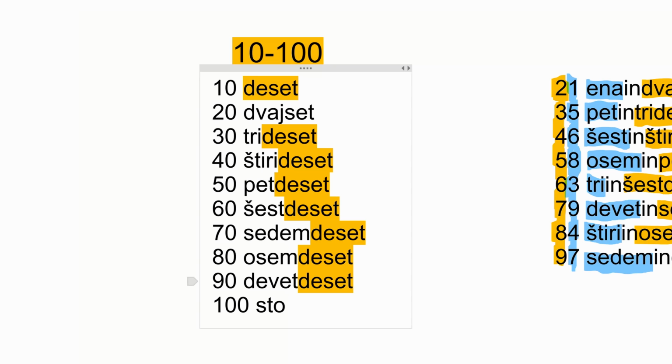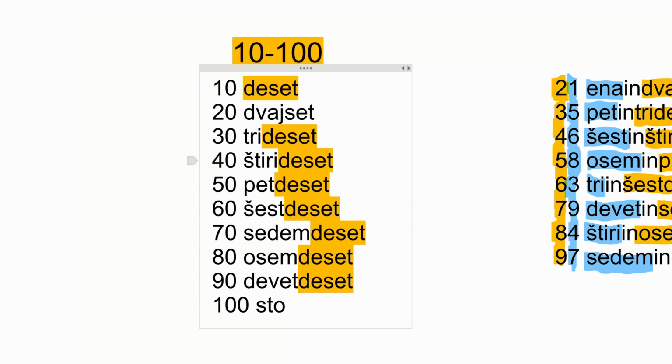Okay? So first, we have the pronunciation. It's a little bit different. So we don't say 30, we say 30. Okay? We don't say 40, we say 40.